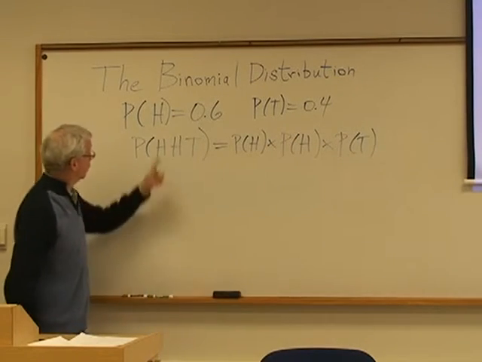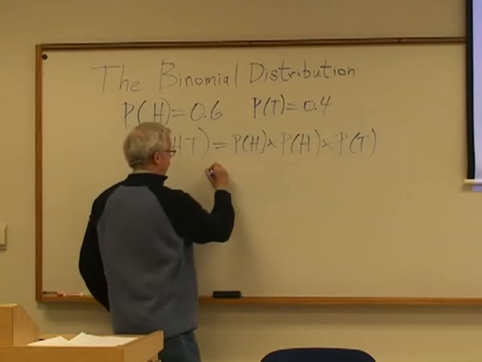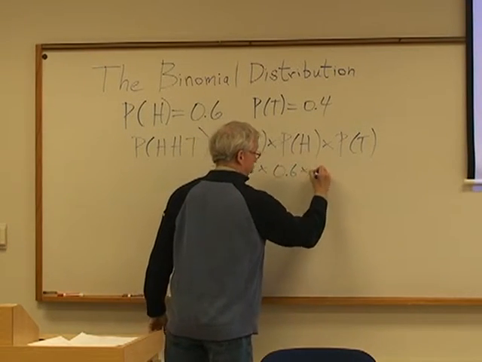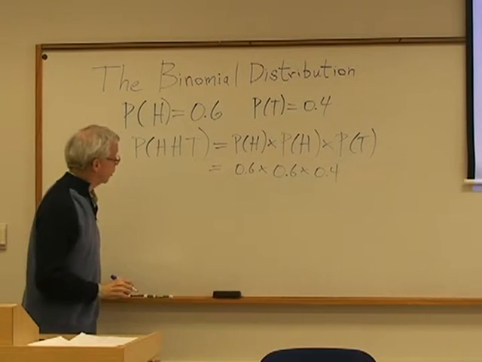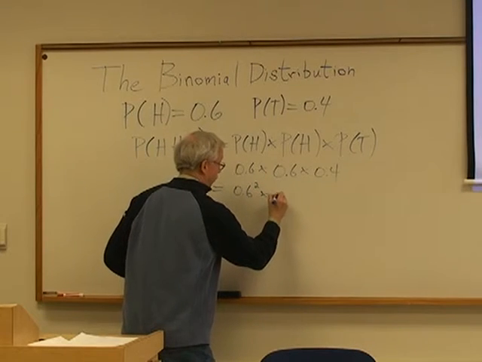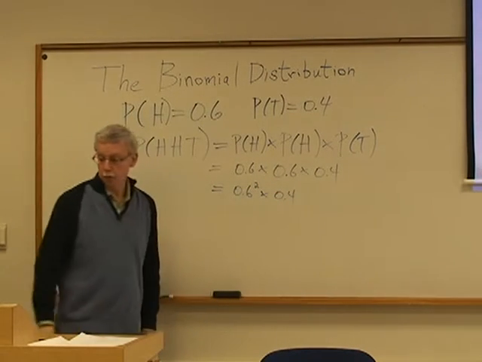But now these aren't all the same. I have an unfair coin, so this is 0.6 times 0.6 times 0.4, or better known as 0.6 squared times 0.4, if I want to write that a little bit shorter.